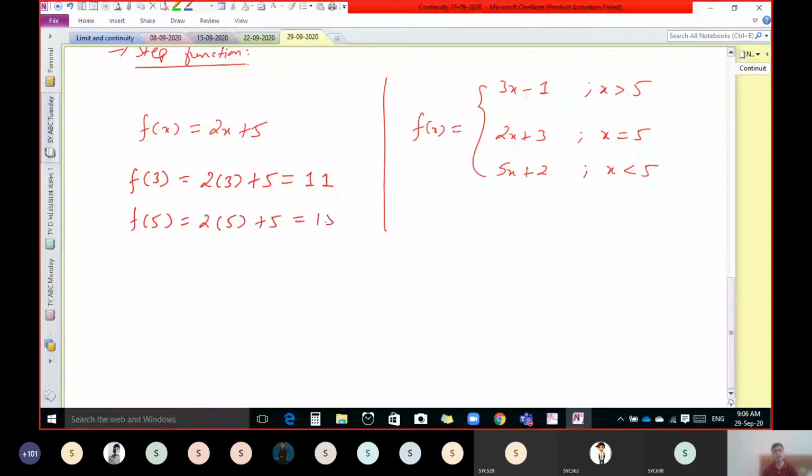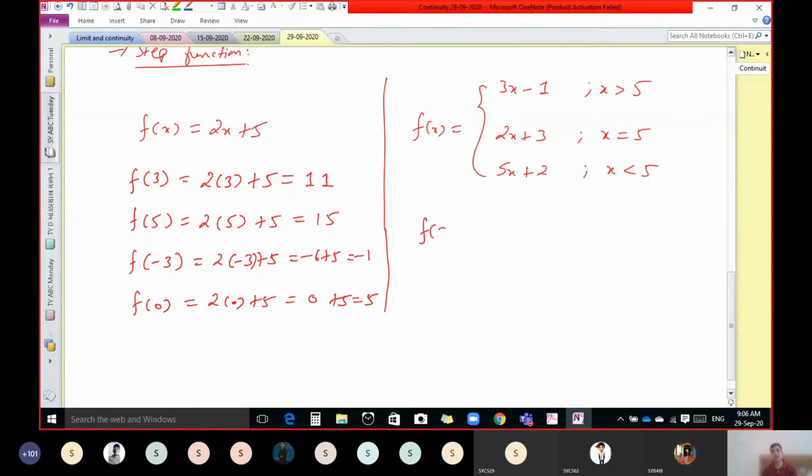If there is a question f of minus 3, we have to put x equal to minus 3. If you want to find out f of 0, we have to put x equal to 0. Okay, now tell me, what is f of 3 for this?